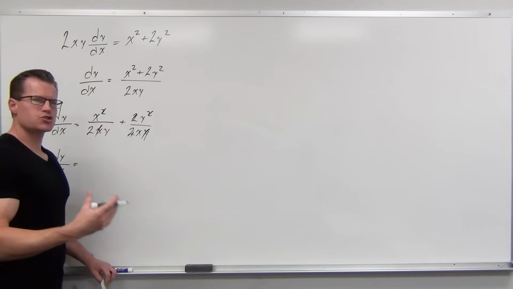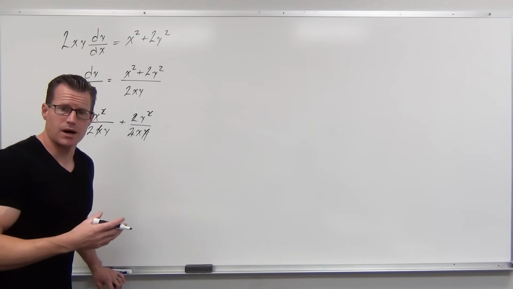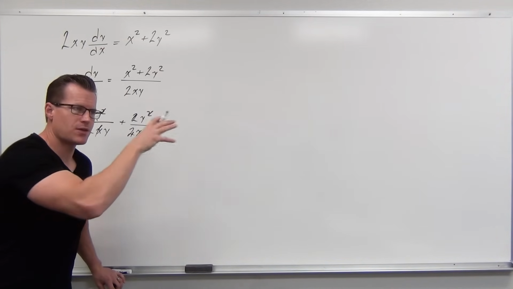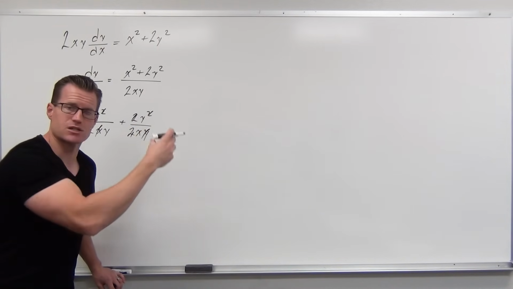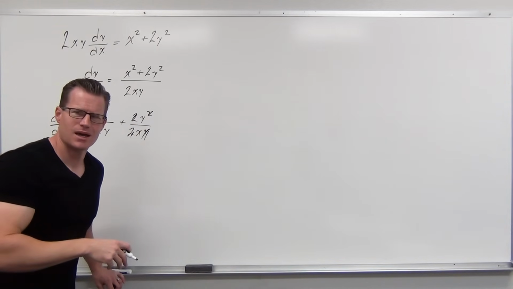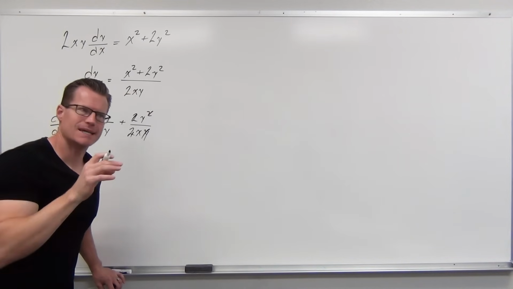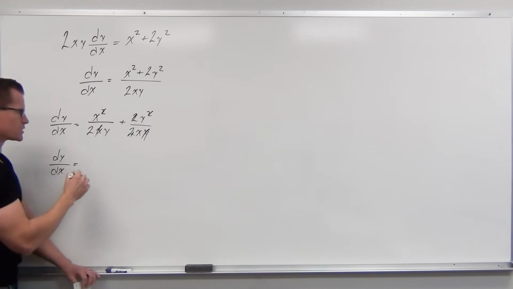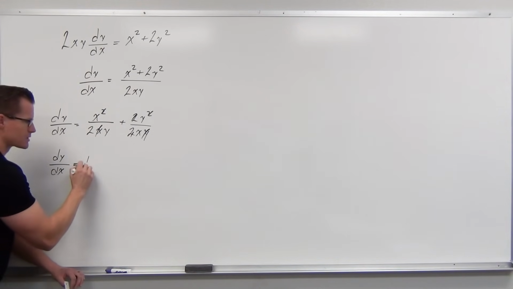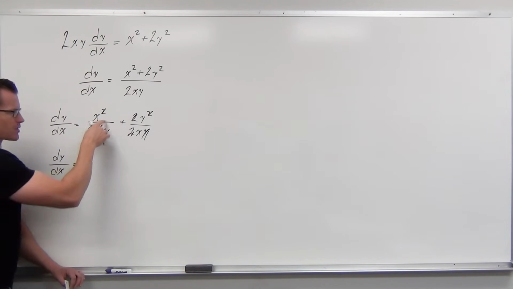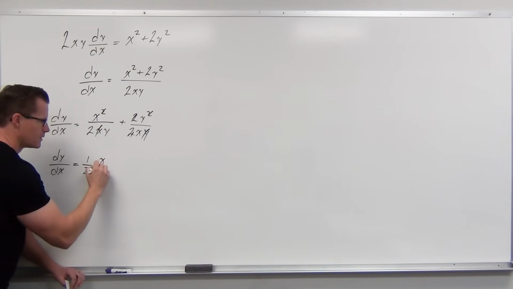And what I'm going to do, I'm going to structure this to try to get as close as possible to everything being multiplied by something that's a fraction, x over y or y over x. And like, well, wait a minute, x over y doesn't help us. It does help us, but we're just going to have to change it a bit. So when I look at this, I'm going to write this as 1/2, and then I'm going to write this as a fraction, x over y.